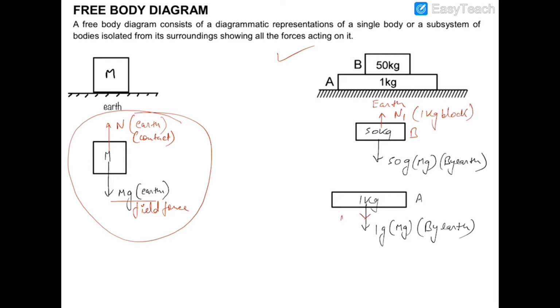So this N1 will also act in the downward direction on the 1 kg block. Now the 1 kg block is still at rest, and it is also due to the fact that on the 1 kg block a normal reaction force N2 is acting in the upward direction, and this is due to the earth contact, and this N1 is acting due to the 50 kg block.